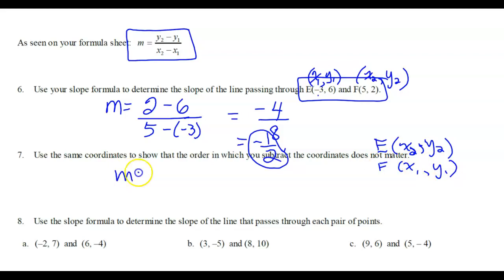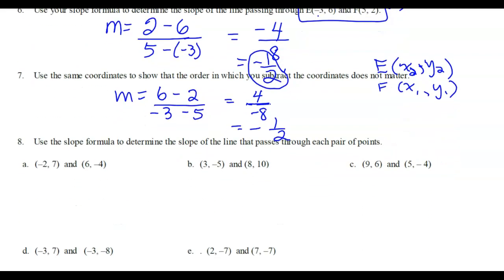So if I do that, then my E will be 6 minus 2 over negative 3 minus 5. So I'll get 4 over negative 8. Still, only one negative. In 6, it was negative 4 over 8. Now it's 4 over negative 8. Both of them reduce to negative 1/2. Okay, so order doesn't matter, but the formula does, that you are consistent.